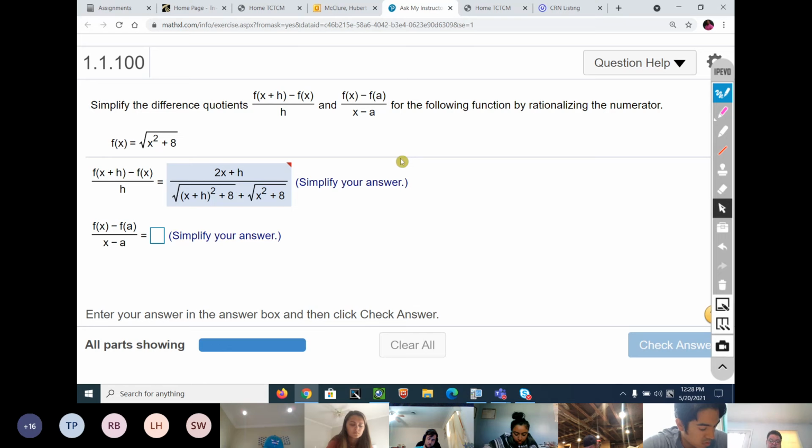I'm going to do my colors. So f of x, I'm just going to use green, minus, that's going to be a red minus, f of a, I'll do in orange, all over x minus a.